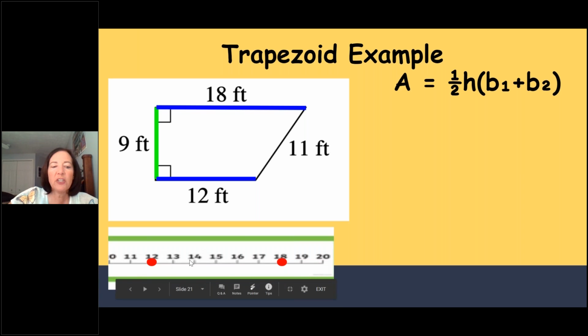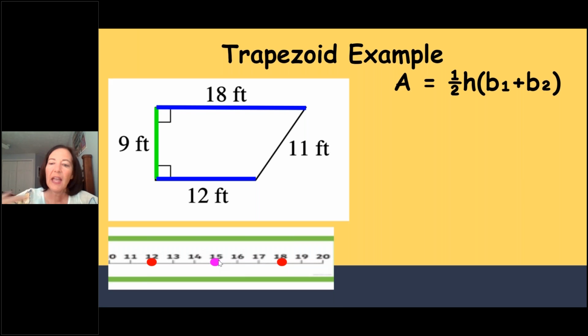Well, if I do 3 jumps towards the center from the left and 3 jumps towards the center from the right, I see that my average of the two bases is 15. I like knowing that because now that I know what the average or the halfway point of the two bases is, all I do to calculate the area is say 15 times the height.